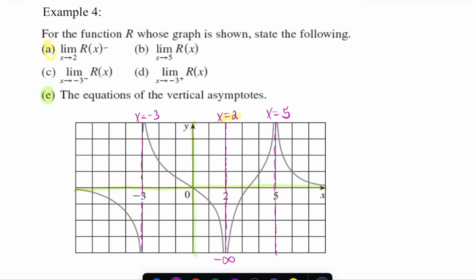So that's our answer. Okay, now let's look at B. B is focusing on x equals 5. Are both sides going to the same place? Yes. What are they going to? Positive infinity. So that's your answer here.